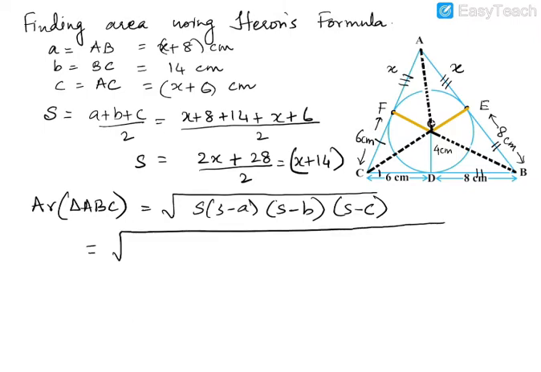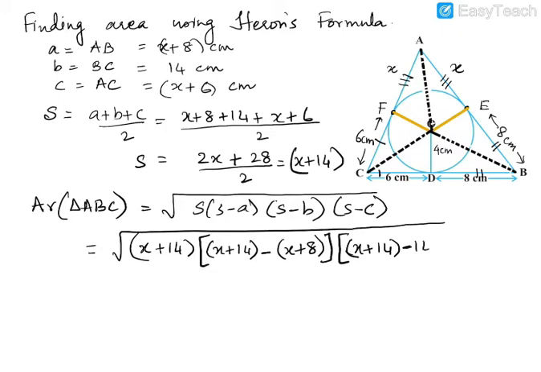Substituting values of s, a, b and c in this formula, we get square root of x plus 14 in brackets x plus 14 minus x plus 8, second term will be x plus 14 minus 14 and the third term will be x plus 14 in brackets minus x plus 6.